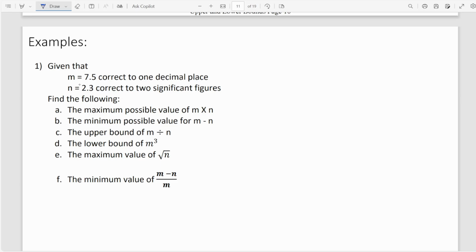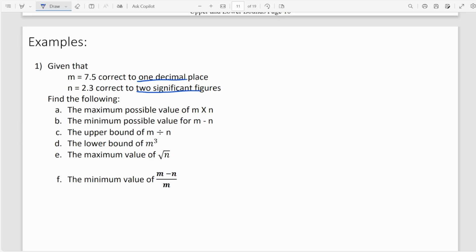Given that m is equal to 7.5, correct to 1 decimal place, and n is equal to 2.3 to 2 significant figures. Okay, so this is rounded to 1 decimal place, and this is rounded to 2 significant figures. Now, as you can see here, they want, for example, the maximum possible value of m times n, the minimum of m minus n.